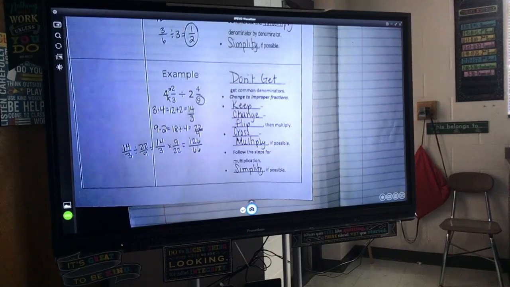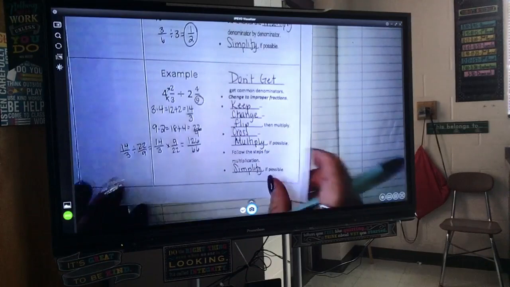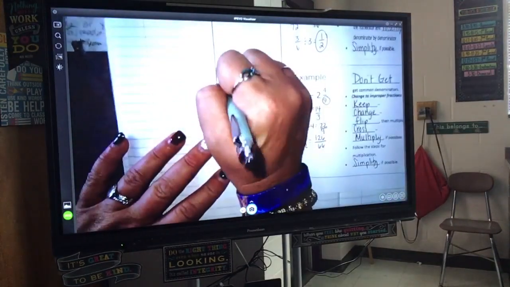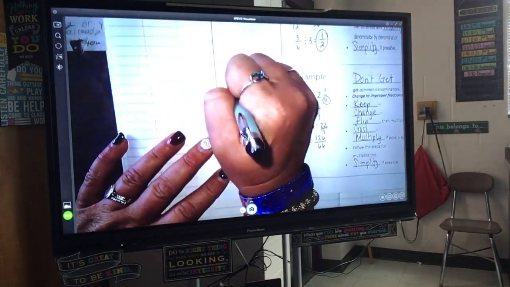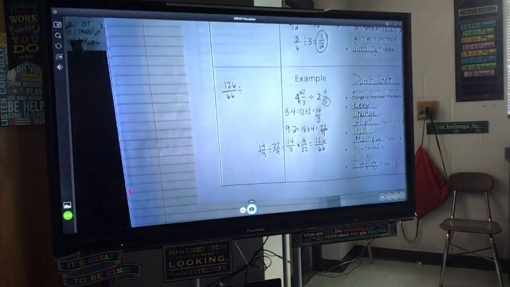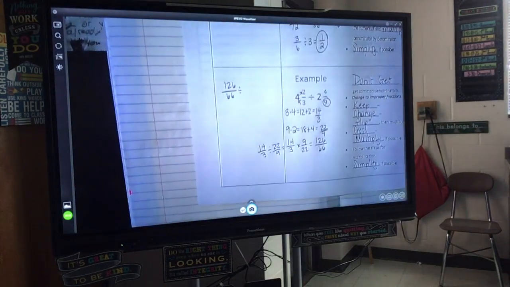All right, so what do you guys want to do? Do you want to change it to a mixed number and then simplify, or simplify then mixed number? Simplify first. All right. So 126 over 66. What can go into both of those numbers? Yes, 6.